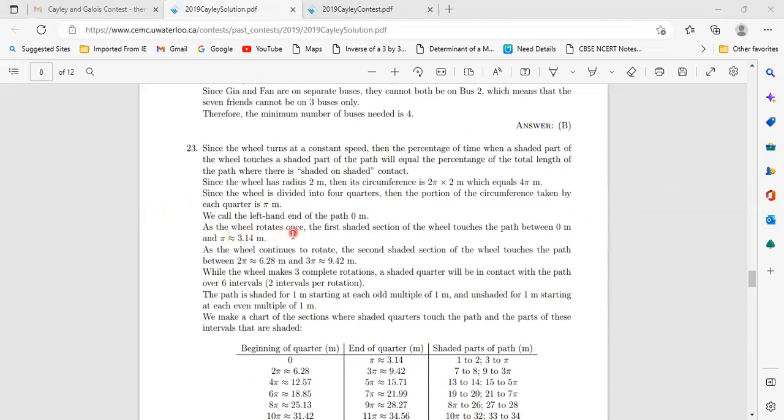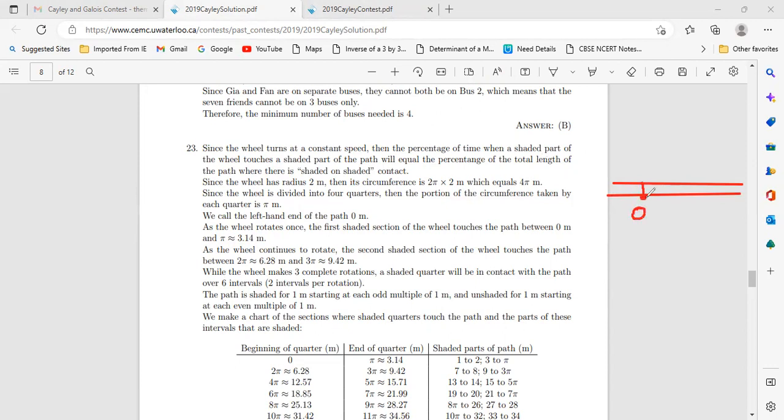So as the wheel rotates once, the first shaded section of the wheel touches the path between 0 meters and pi, which is equal to 3.14 meters. What does it mean? They're saying that the first quarter is touching the path.